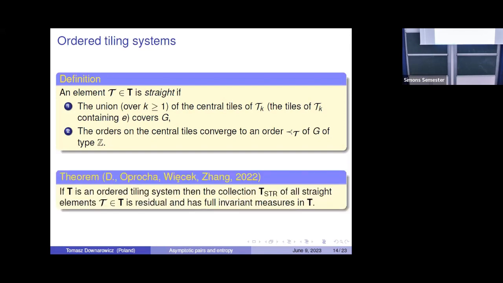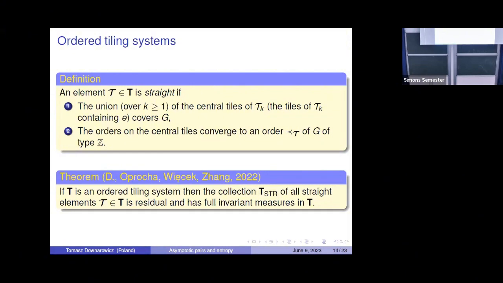So what we have proved in yet another team, which is a combination of the two teams that I mentioned before, with Chang and Oprocha and my student Więcek, is that if T is an ordered tiling system, then the collection of the straight elements which generate an order of type Z is large in both the topological sense and the measure theoretic sense.